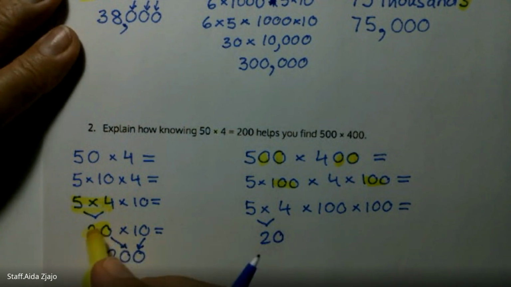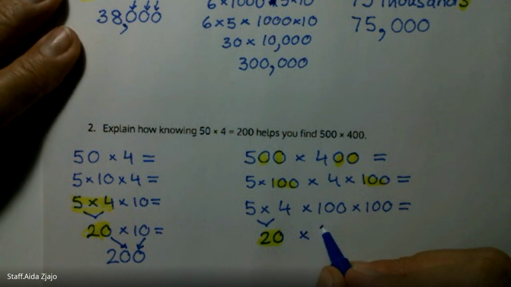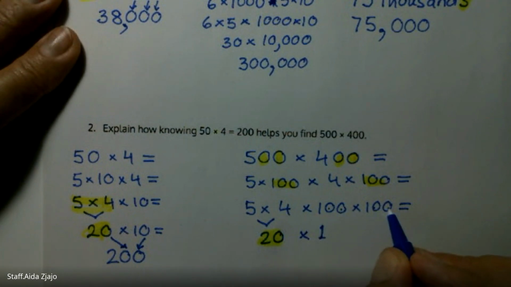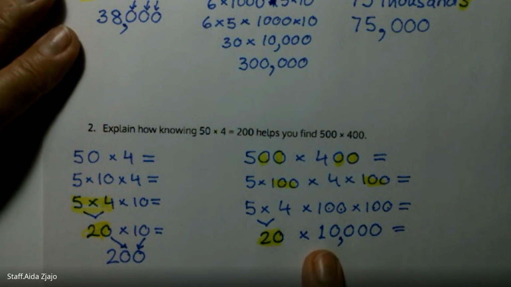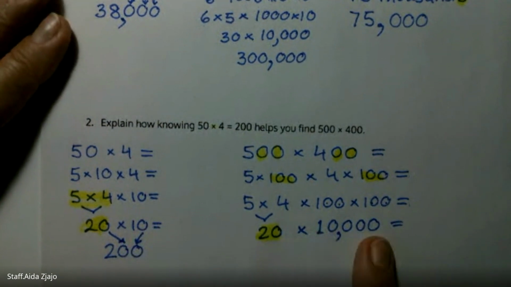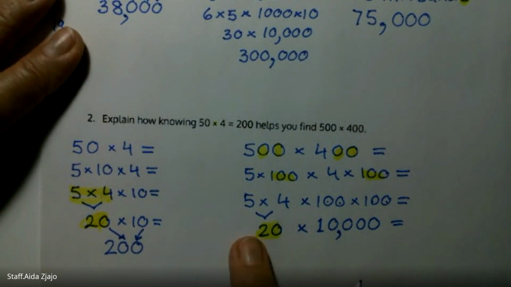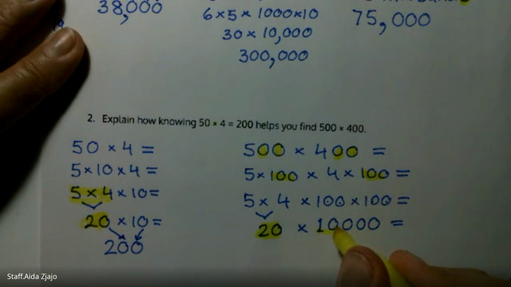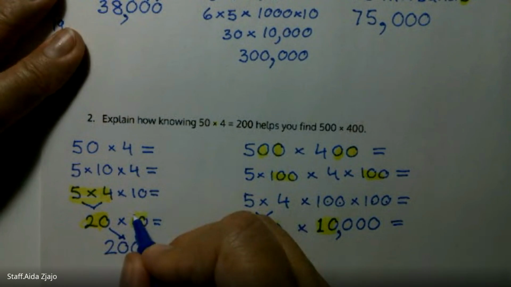5 times 4 is 20, and this is 20 times 10, but this will be 20 times now 1 with 1, 2, 3, 4 zeros, which will be 20 times 10,000. You see the language?